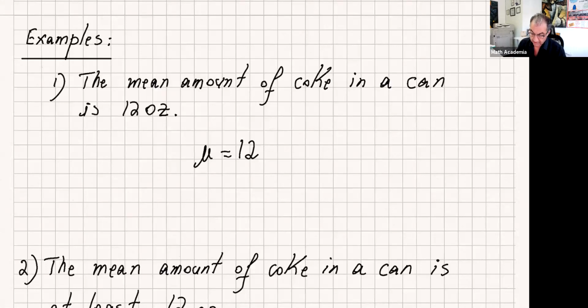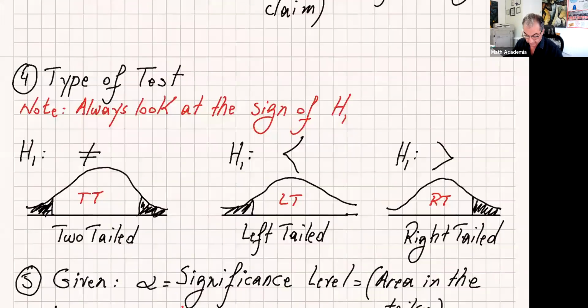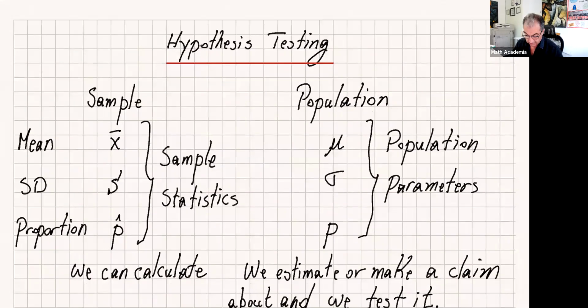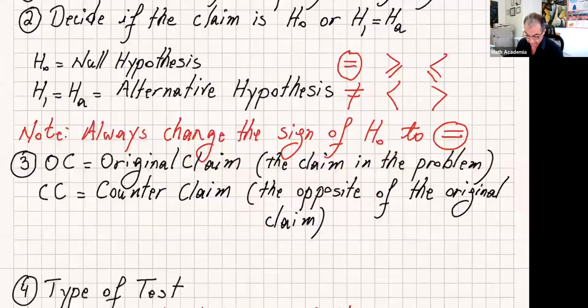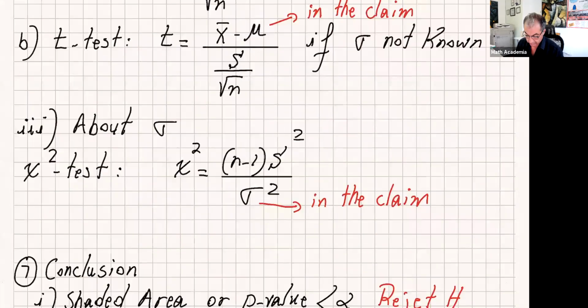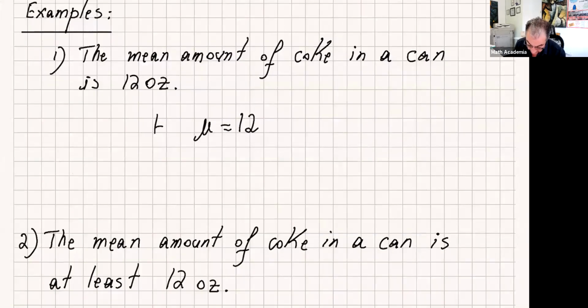Then I check the sign here. The sign is equal to. So as you remember, if it equals, then we know it's H0. So here I put H0 colon mu equals 12.